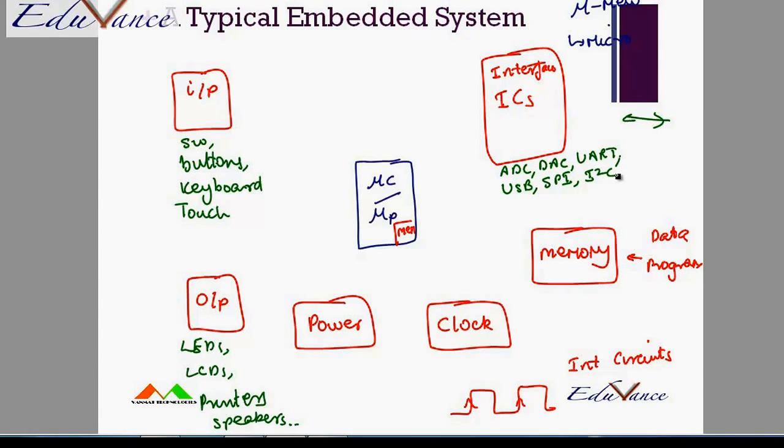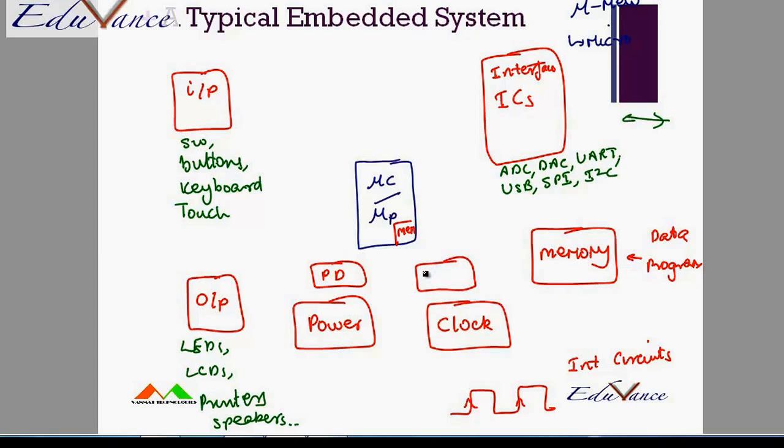So a typical embedded system has all these components that you have. In today's world, there are a few more categories. One of them is power distribution, because nowadays distributing power across the chip or across the board or across the system is important.